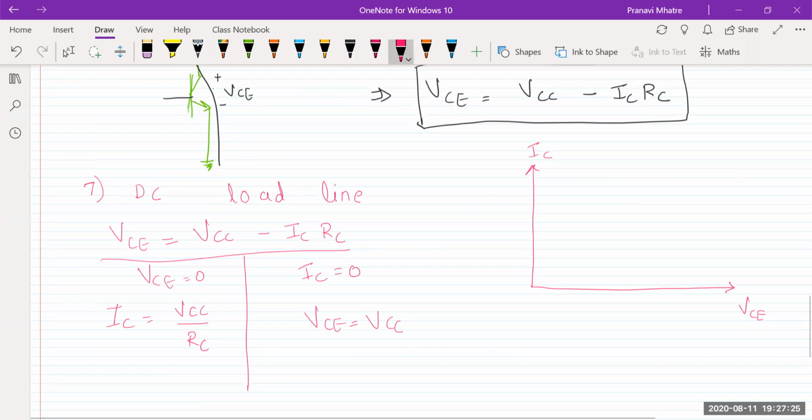So I am getting this load line, and load line points are VCC upon RC and VCE, which is equal to your VCC. This is 0. So this line, which is plotted on the output characteristics, is known as DC load line.